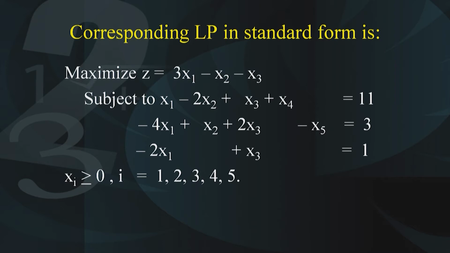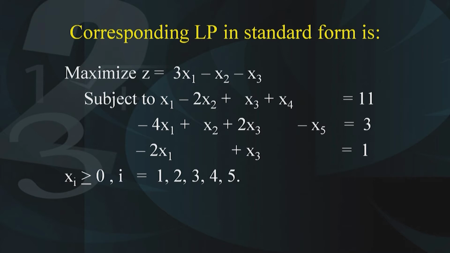Therefore, we have to multiply the entire third equation with the negative sign, so that the right hand side becomes positive. Now, the slack and the surplus variables have also to be greater than or equal to 0.